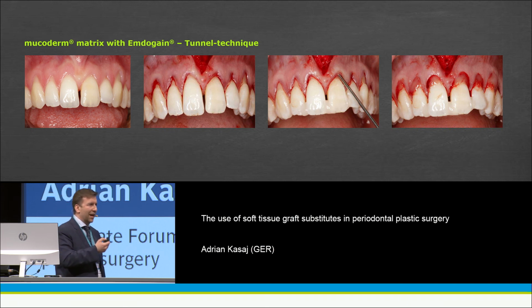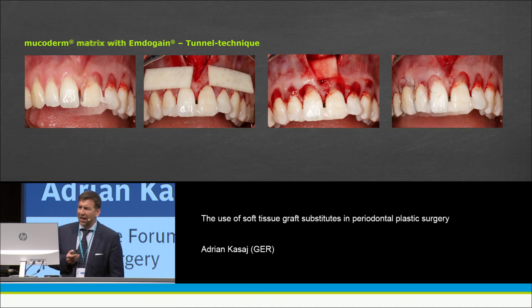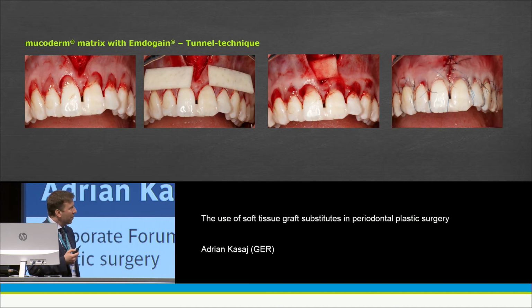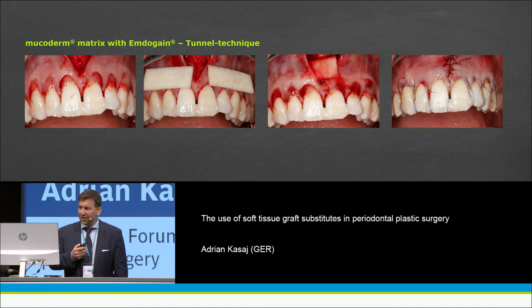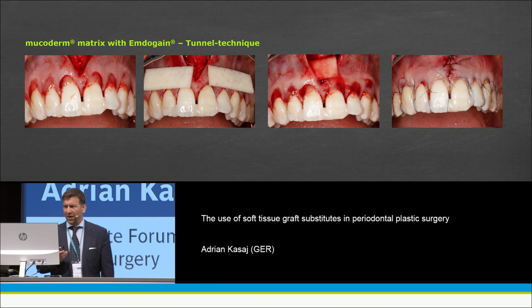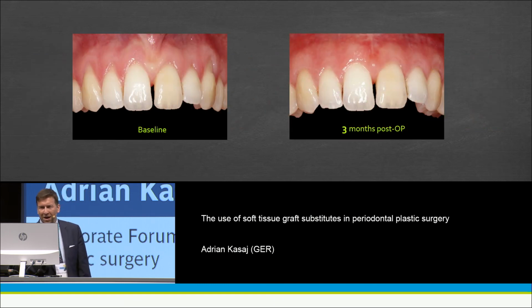We tunneled here, everything from the frenectomy performed. Again, the Emdogain application, insertion of the Macadam Matrix through this vestibular incision, and you see the outcome at 3 months in comparison to the baseline situation.